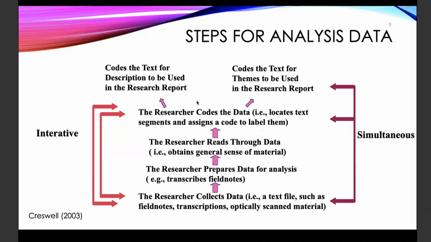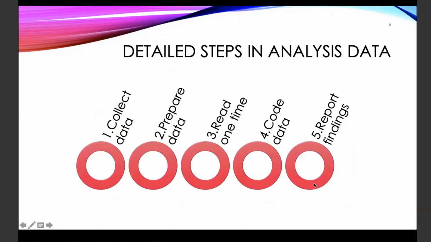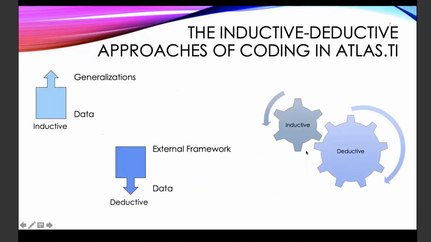Okay. Now, another way to look at this is detailed steps in the analysis process. Number one, we do the data collection, we prepare the data for analysis, we read one time, we code the data, and then we do the reporting of the findings. Now, before I go here, should I go here first?